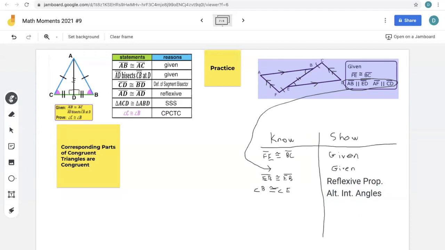Then we can also say that C and F are congruent because of the same reason. They're alternate interior angles, but just on the different side.